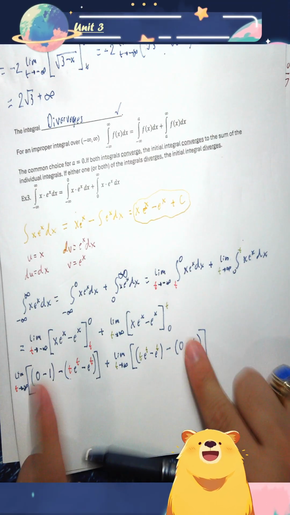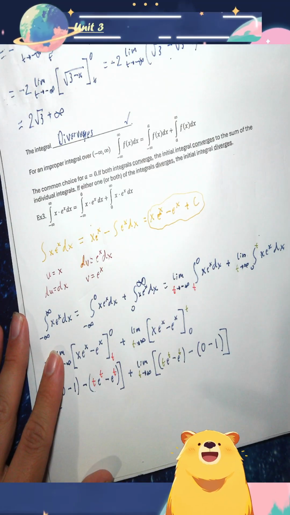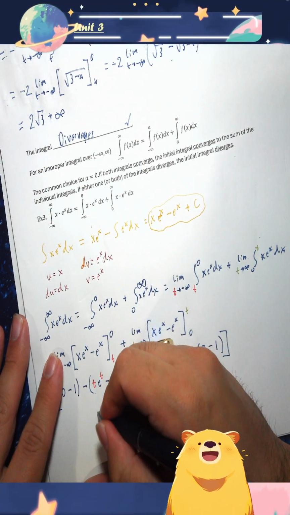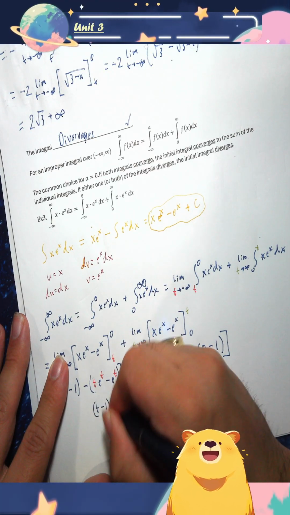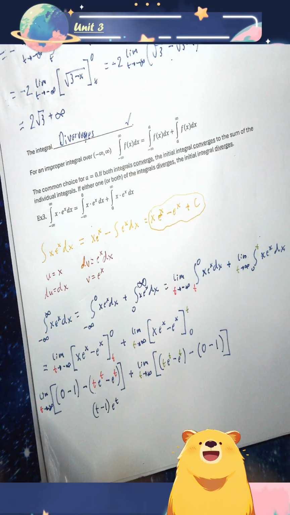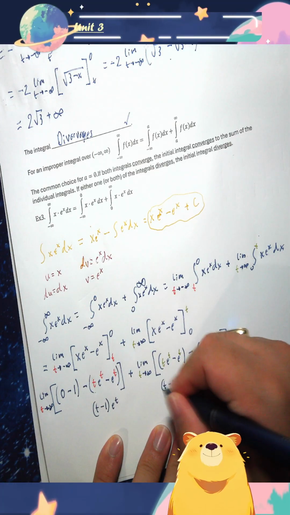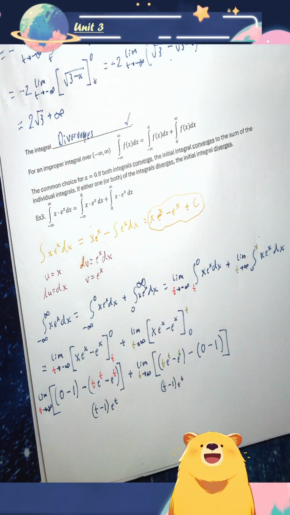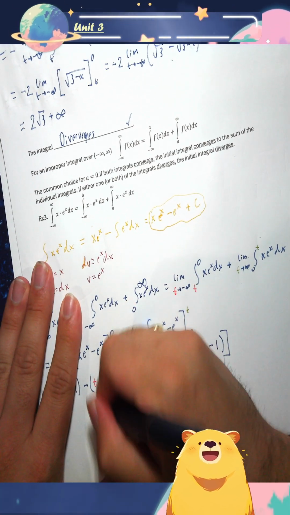We know the limits of these guys are just going to be the constants. But for here, we can do a trick where we take out the t to be t minus 1 times e to the t. T minus 1 e to the t, where we just take out the e to the t, respectively.